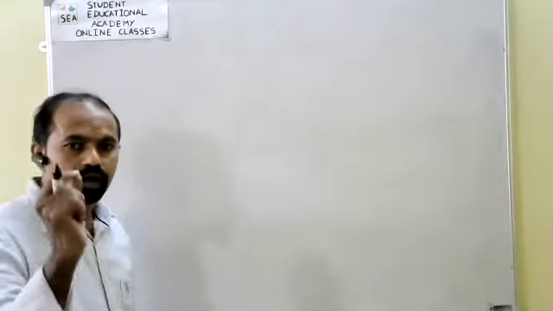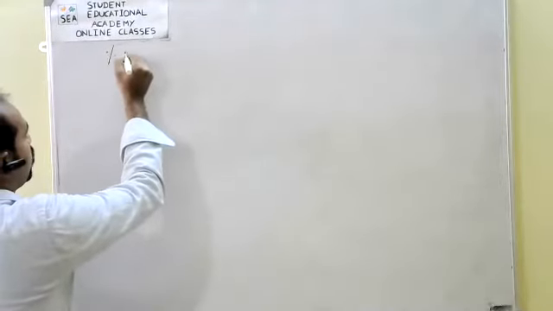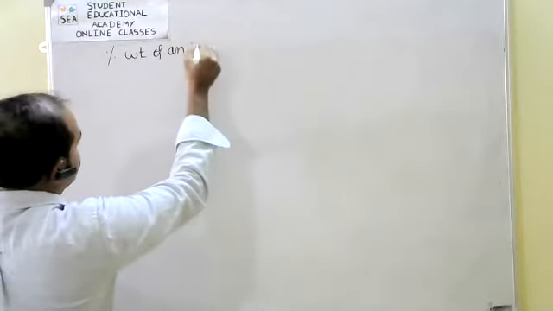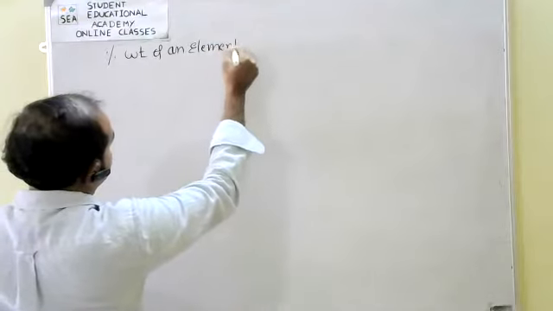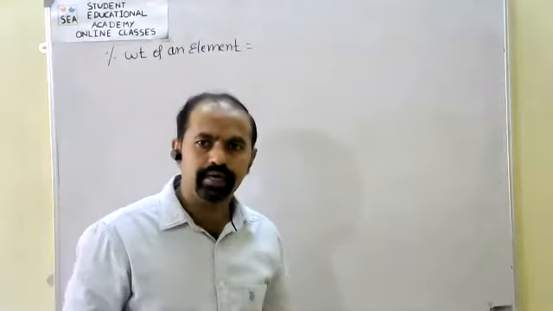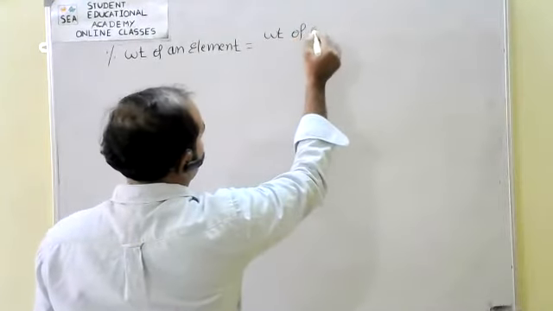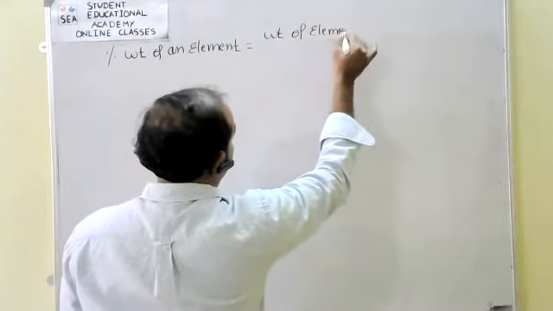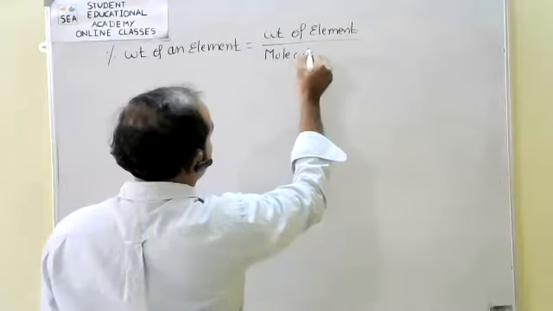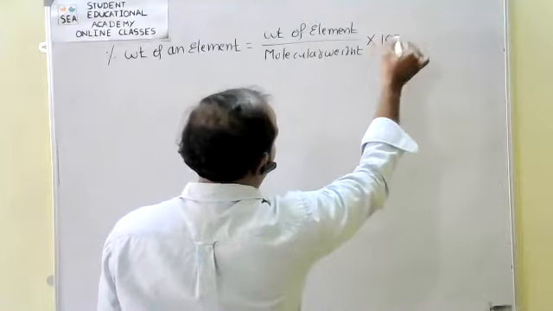Okay, how to calculate the percentage weight of an element? The percentage weight of an element equals the weight of the element upon the molecular weight, into 100.